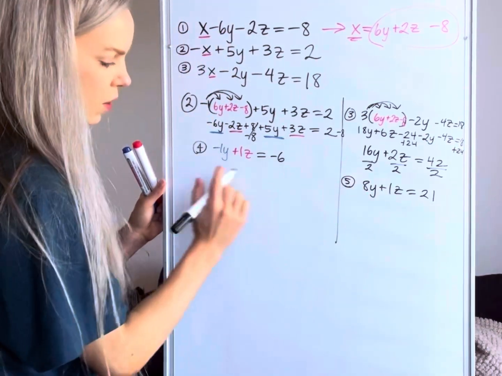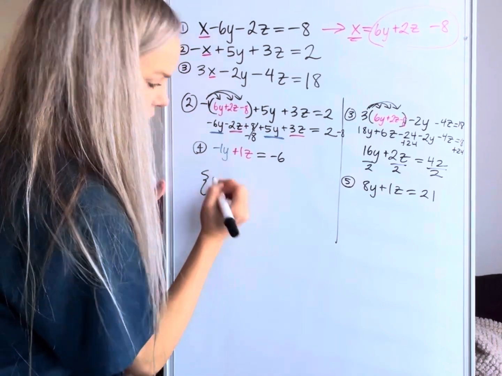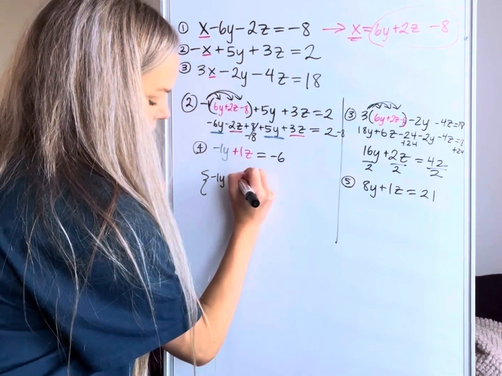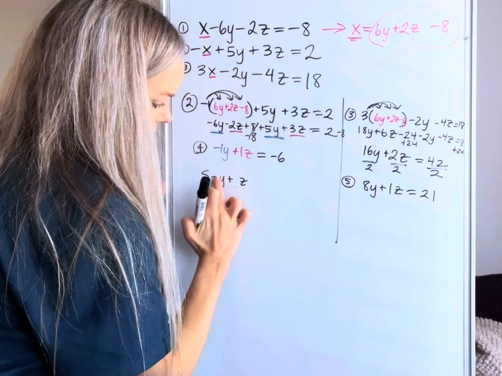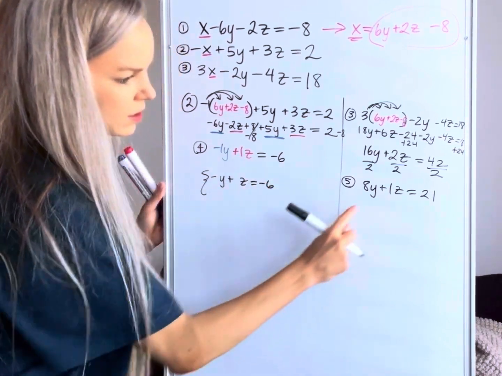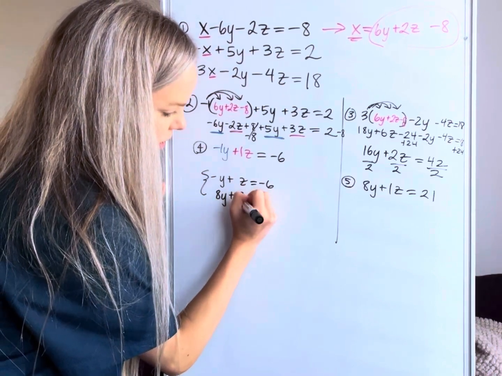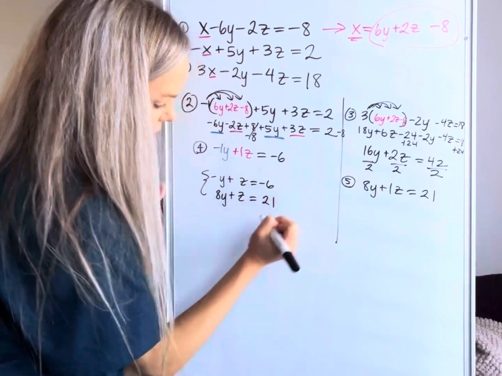You take equation 4 and 5, and that gives you a 2x2 system. So negative 1y plus 1z, and then I might just get rid of these ones to make it look simpler, equals negative 6, and then 8y plus z equals 21.